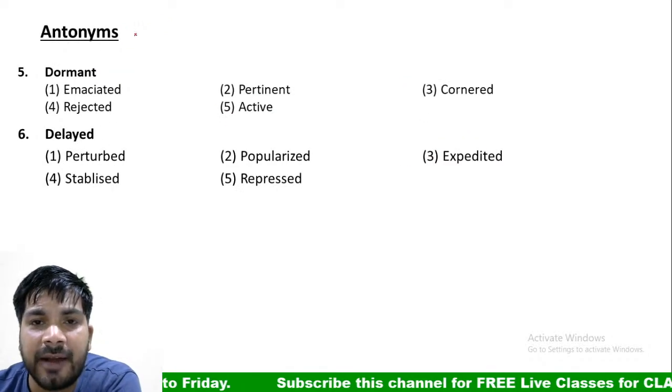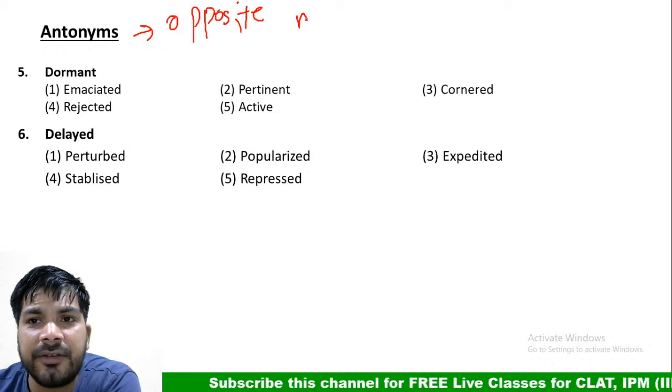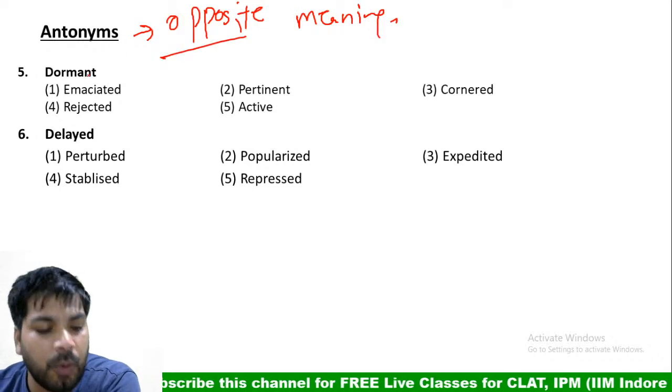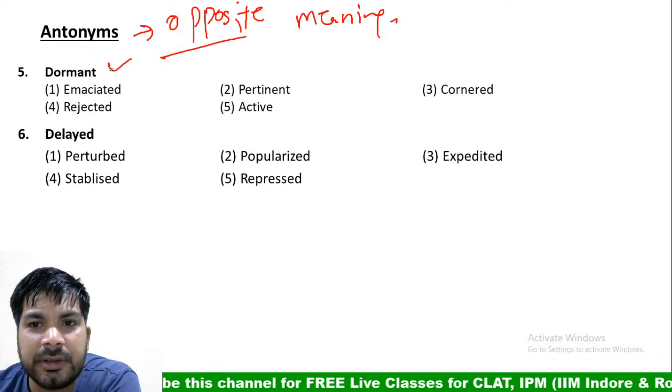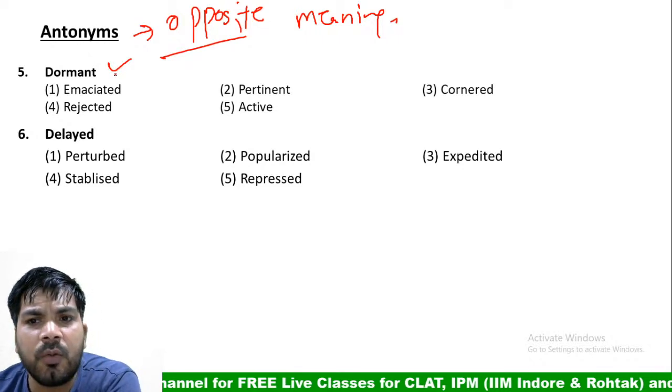Next, antonyms. Antonyms means you have to give me opposite meanings. You have to talk about what is the opposite of these words. So what is the opposite of dormant?